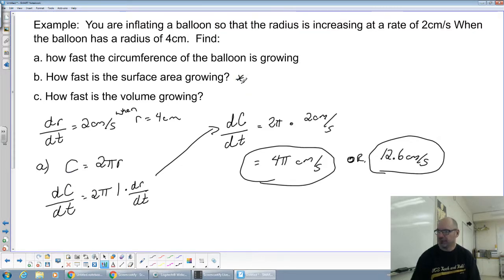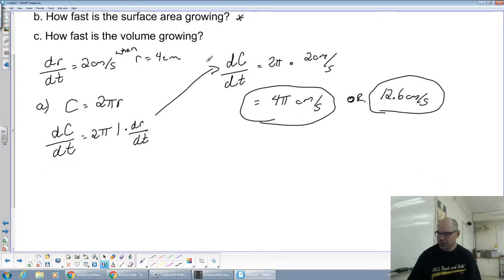Let's try this one. How fast is the surface area growing? So surface area, if we remember, for B, surface area equals 4 pi r squared. Okay, so there's only, we want dSA, I guess you could just use area there, but we'll go dSA because I put SA down. The rate of change of the surface area over time.